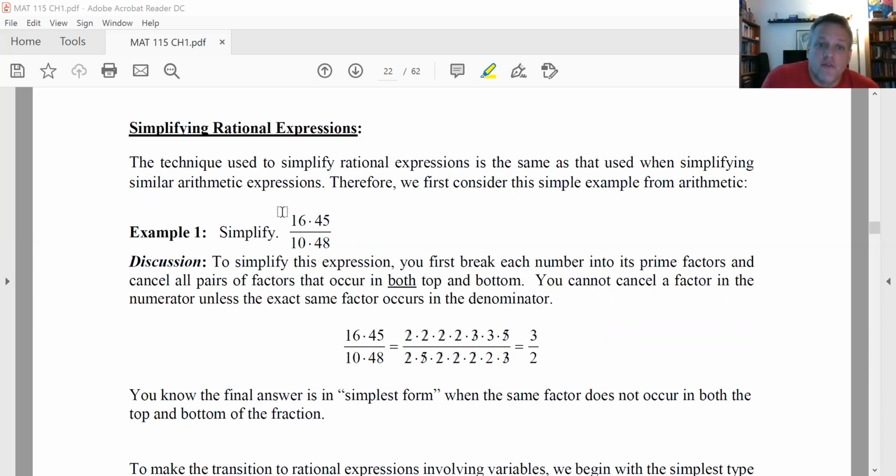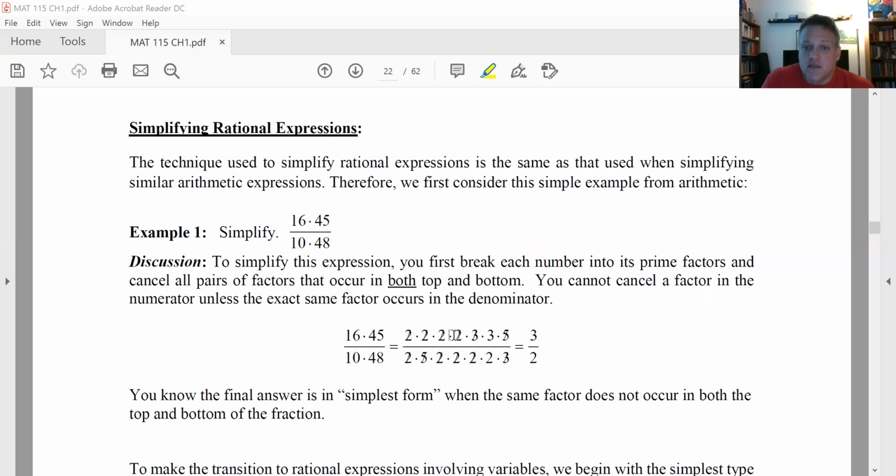All right, and so for the first one, suppose we have a fraction that looked like this, right? What we mean by simplify is that the end result can't have any common factors in the top and the bottom, right? And so the way you simplify one of these guys is you can rewrite each of them as a product of prime factors.